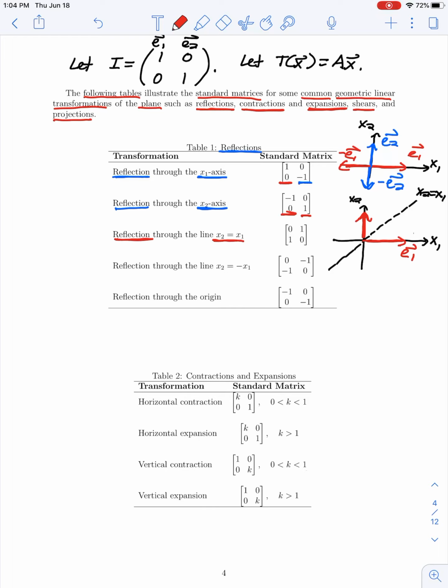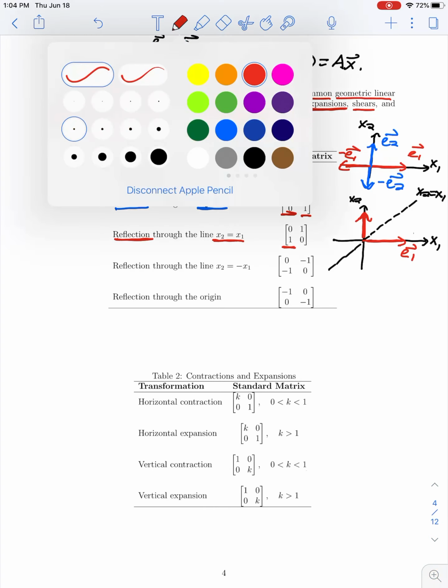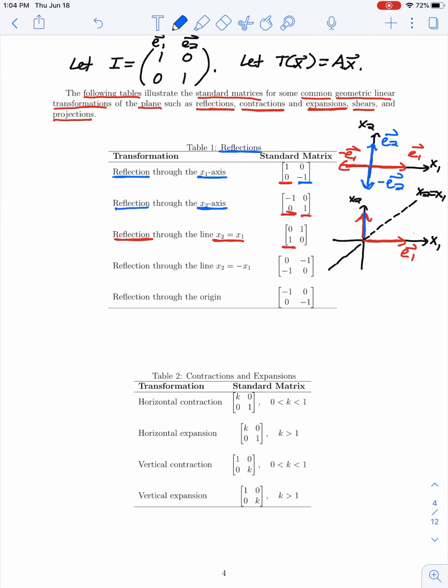Our first column, 1, 0, becomes the second column, 0, 1. And if we look at the image of E2 under this transformation, that is reflection about this line, we would get exactly the vector E1. So our second column of the identity matrix, 0, 1, is transformed to 1, 0.